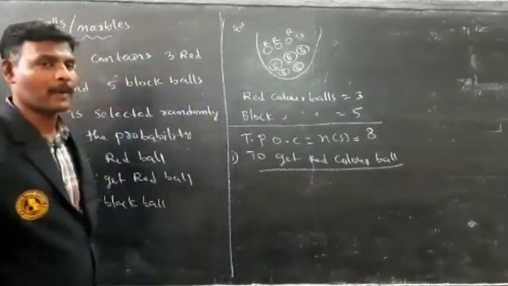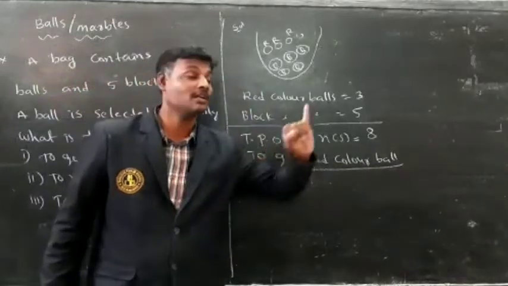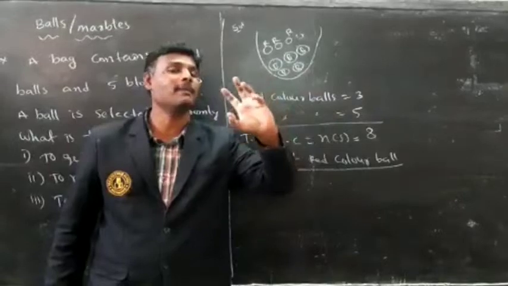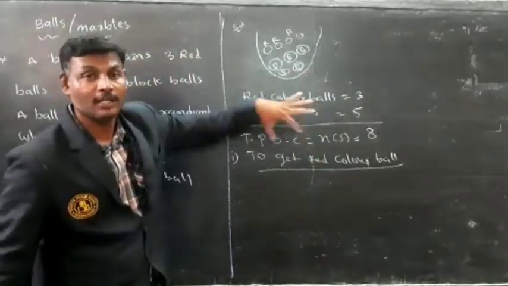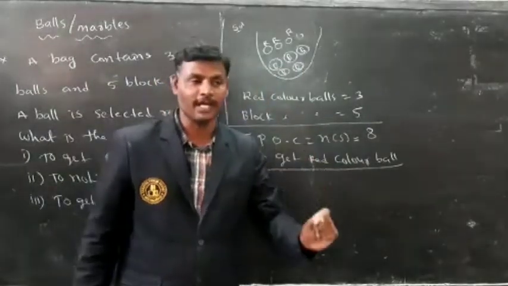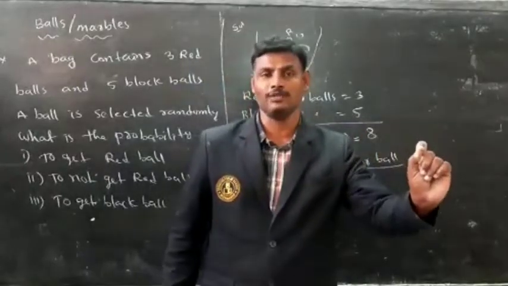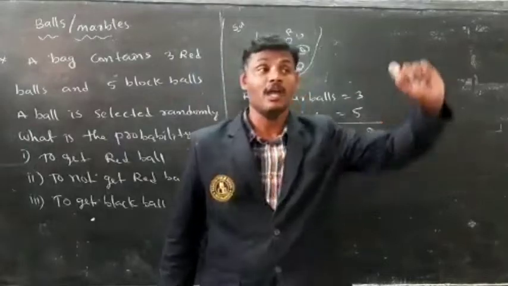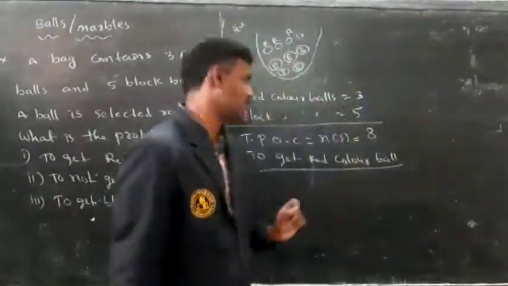To find the probability of an event, I need 2 values. What are they? The number of favorable outcomes and the total possible outcomes. Here the total possible outcomes are already there. You have to find the number of favorable outcomes. Probability is a ratio of the number of favorable outcomes and the total possible outcomes.